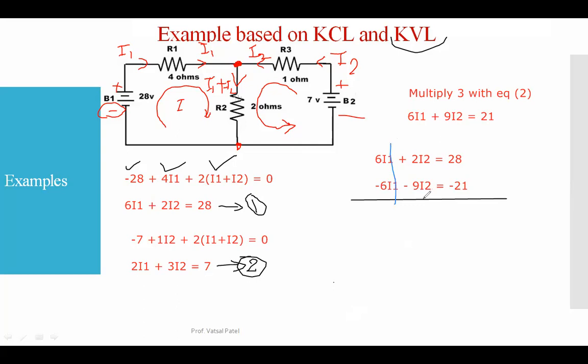Now 2I2 minus 9I2. So what can I write here? Minus 7I2 is equal to 28 minus 21. So can I write it is 7.